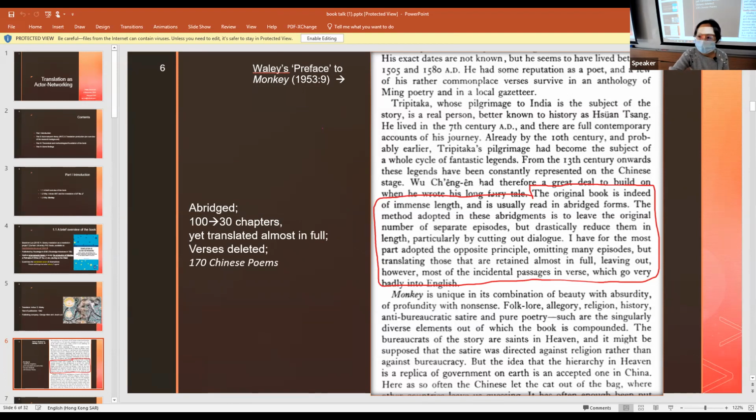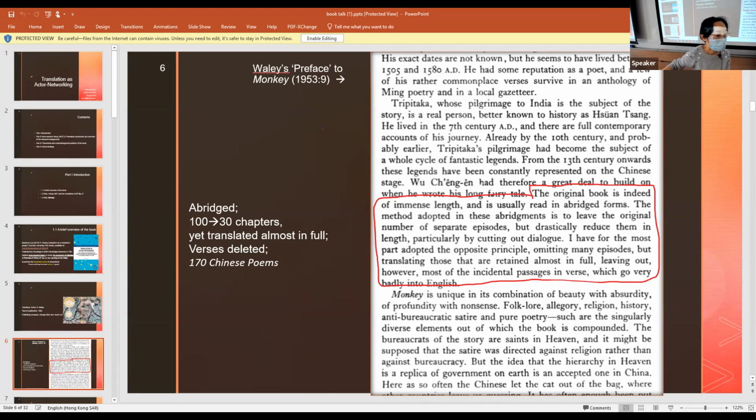But when translating 西游记, he refused to translate the verses. The reason was directly expressed in his preface to Monkey, as we can see in this excerpt.